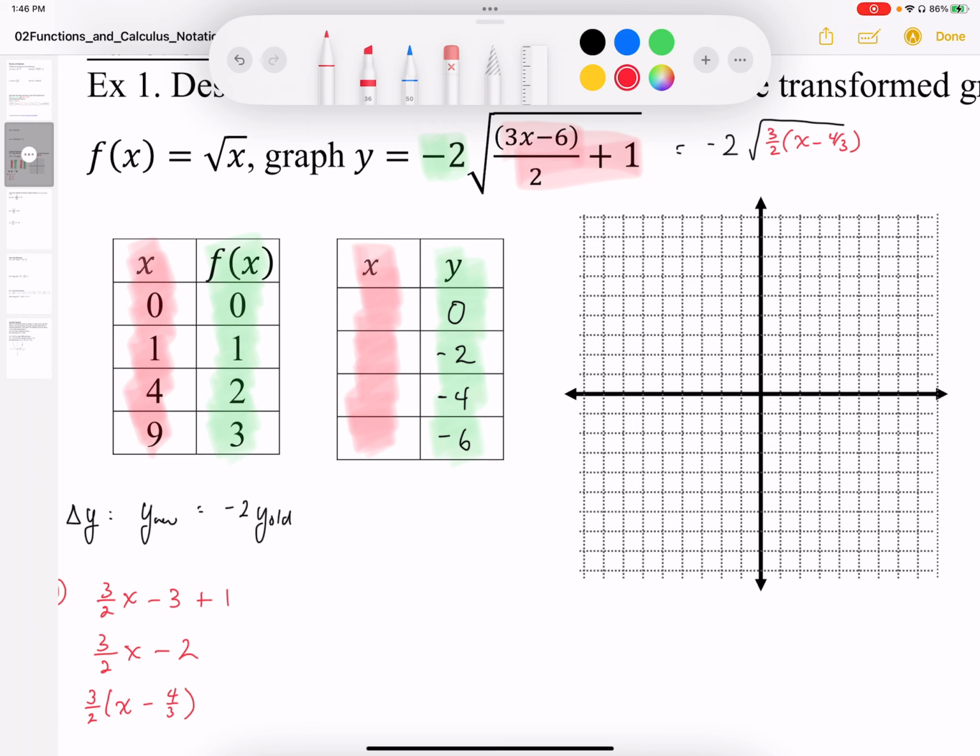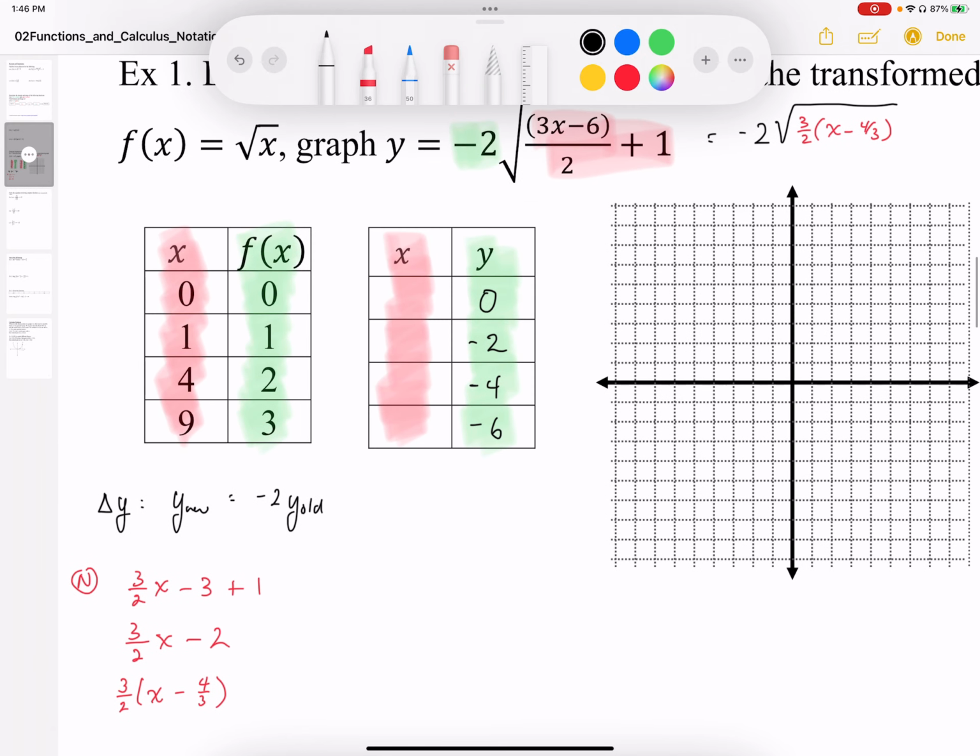And in the factored form, we're always going to be expressing this as a compression or expansion first, and then shift last. So in this case, compress by 2/3, and then shift 4/3 to the right.